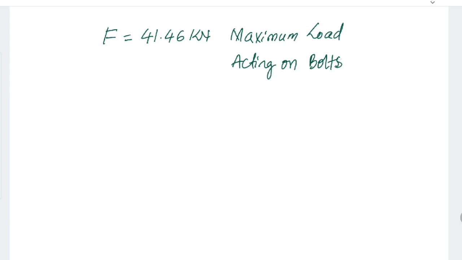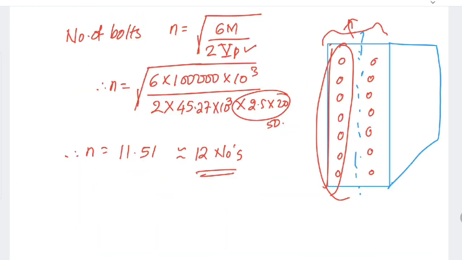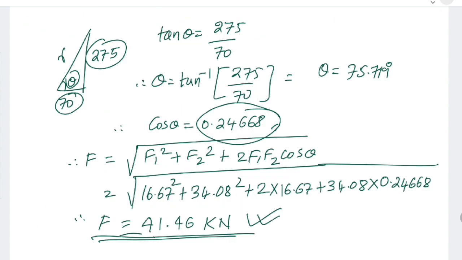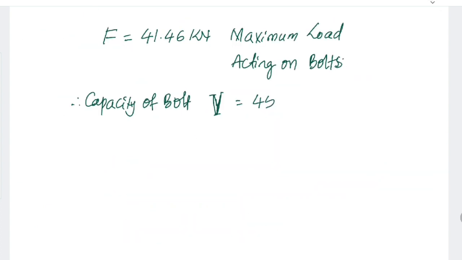Now the capacity of the bolt, that is the bolt value V, we have already calculated, and it is 45.27 kilonewton.